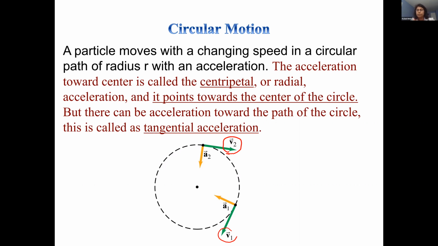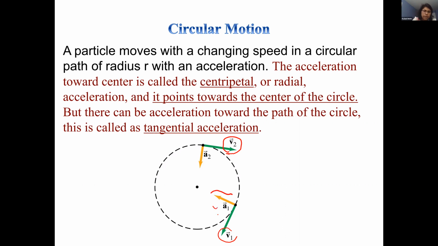Okay, so now there is a velocity on the circle in the tangential direction. Because of that, the change in velocity gives us an acceleration in the tangential direction. Now if it is uniform, tangential acceleration is 0, but we already know those things. The only thing that we're going to focus on is that when there is an object moving on a circle, that object has an acceleration towards the center.